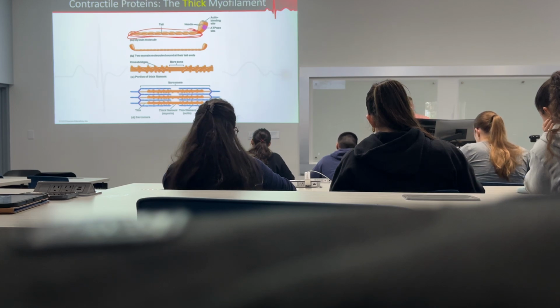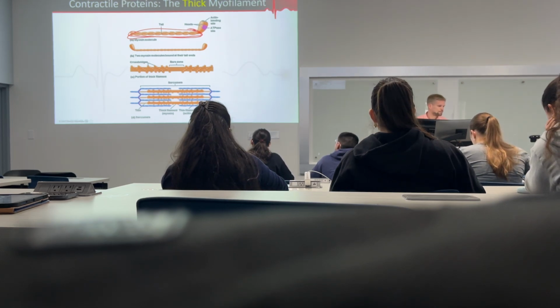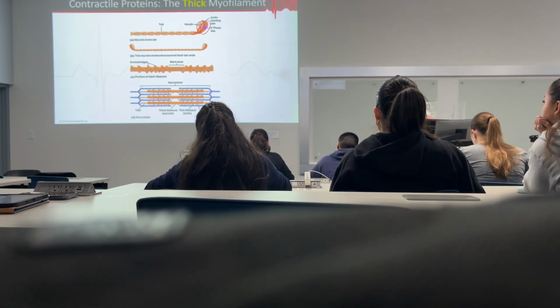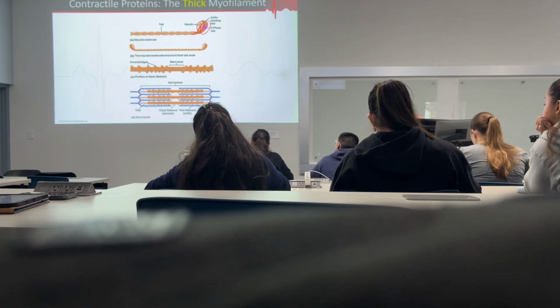And then what happens is at the end, the two heavy chains that form the tail diverge from one another, and each forms a head. So each myosin protein has a tail and two heads.